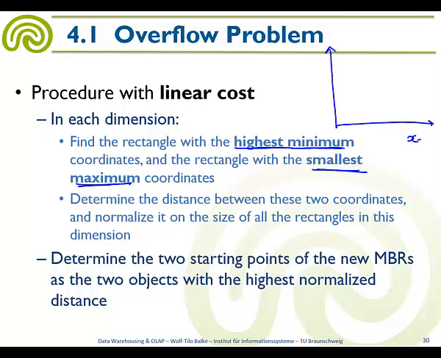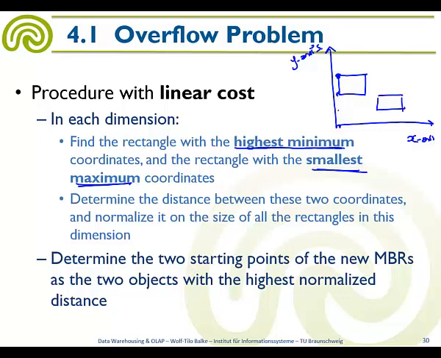So if we have here the x-axis and the y-axis, the highest minimum will be, on the y-axis, the minimum value, the smallest value that you have, and highest meaning highest as in the upper corner of a cluster. That is minimum. So if we have 2 clusters on the x-axis, this would be the point that we're looking at.